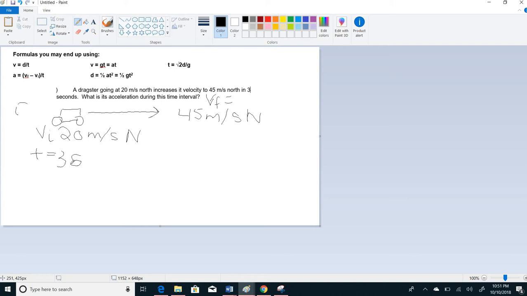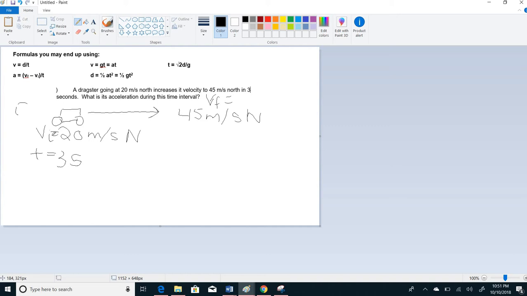It's still going in the same direction, it's just increasing the magnitude of the speed. So I can assume that 20 meters per second north is my initial velocity, and I can assume safely that 45 meters per second north is my final velocity. And then I know that 3 seconds is time because seconds is the universal unit for time.